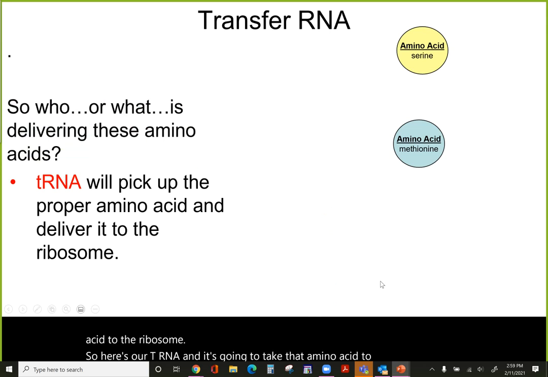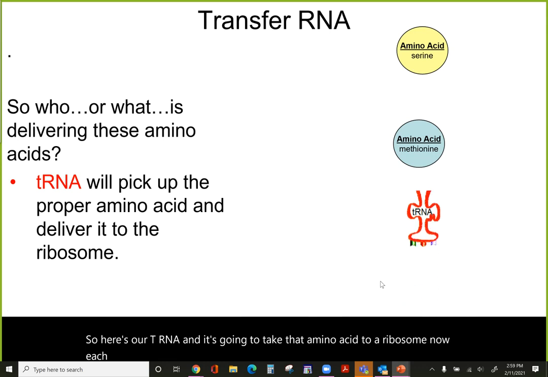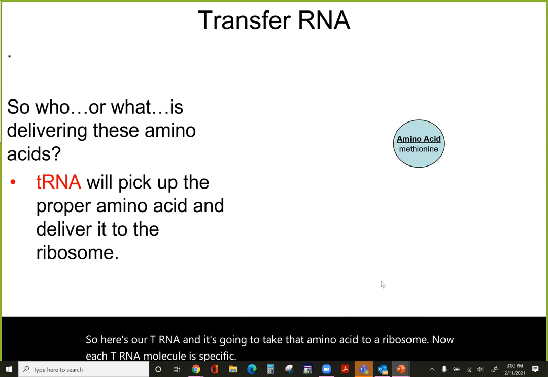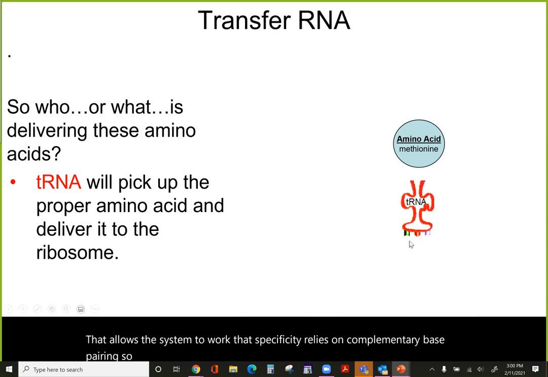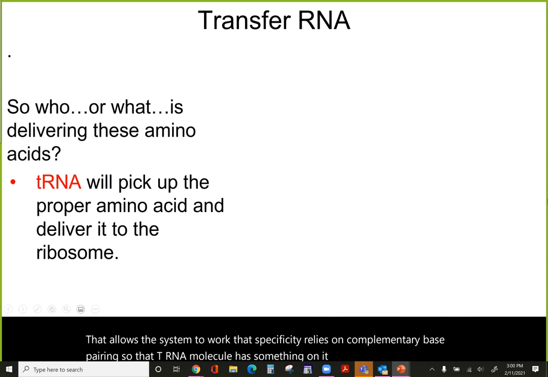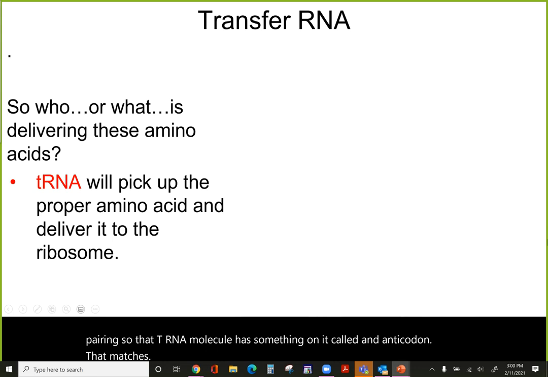Now, each tRNA molecule is specific to a particular amino acid, and it's that specificity that allows the system to work. That specificity relies on complementary base pairing. So that tRNA molecule has something on it called an anticodon that matches the amino acid.